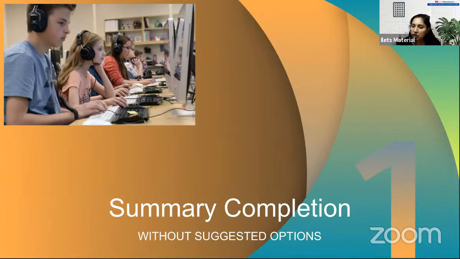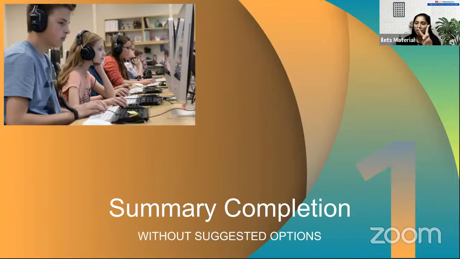Now, when it comes to selecting the answers from the given options, in the majority of cases you need to take the synonyms. But you have to take the synonyms exactly related to the content from the passage. And if it is without the suggested options, then you can just take the words from the passage and write them in the blank.